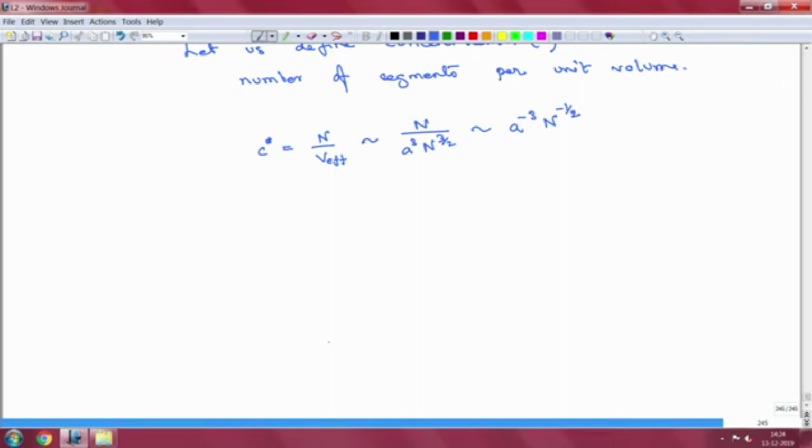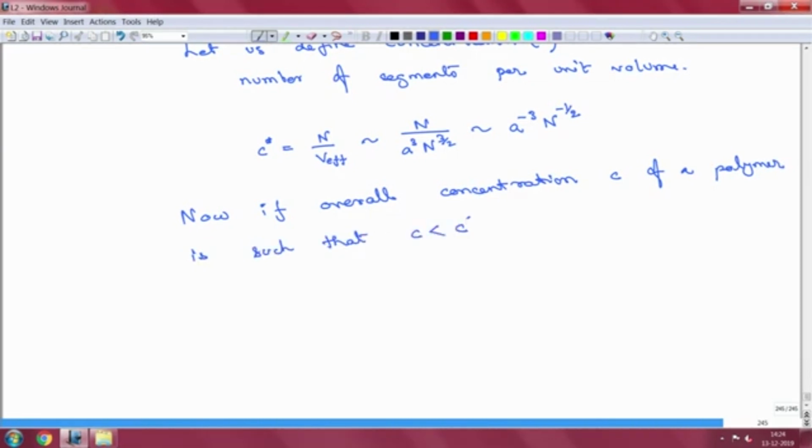Now, if the overall concentration C of a polymer is such that C is less than C star, then we can say that the individual polymer coils hardly overlap.